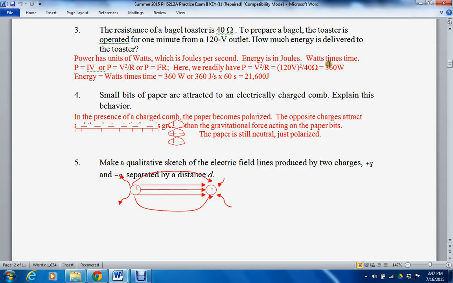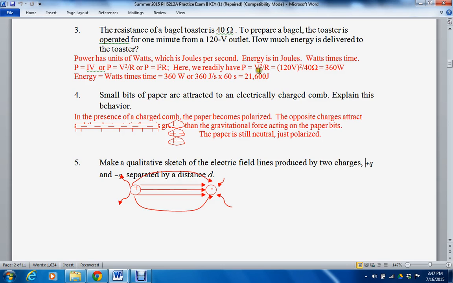Energy then is joules. We can say power equals IV, and we could figure out the current using Ohm's law, or we can say power equals V squared over R. We're given V, we're given R, so we could do that directly.